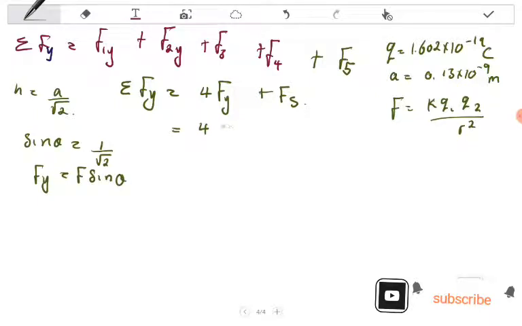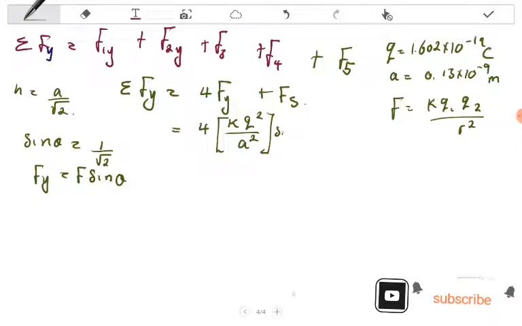So Fy is F, which is the same as k Q1 Q2, and since the two are the same, it's just Q squared divided by r squared, where r is the distance between them, which is a squared in this case. Then we multiply by sine of theta.